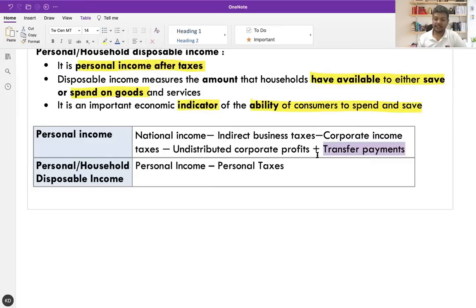And from that, if I subtract just personal taxes, I get personal disposable income, also called household disposable income. This tells you how much is the amount remaining in the hands of people so that they can purchase goods and services. That will spur the economic activity. Clear, everyone? Yes. Now I know that a lot of these terms are coming into play, but once you read them one by one, you'll get things very much clear.